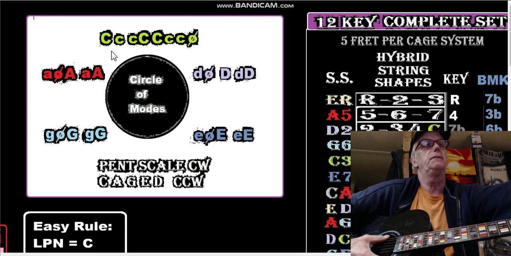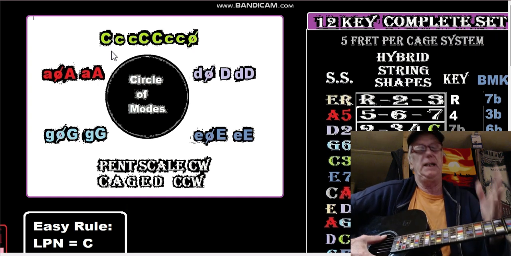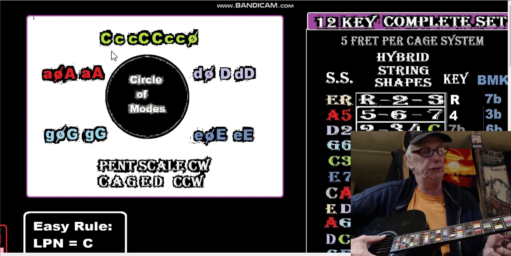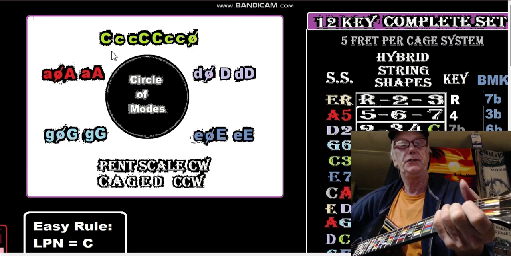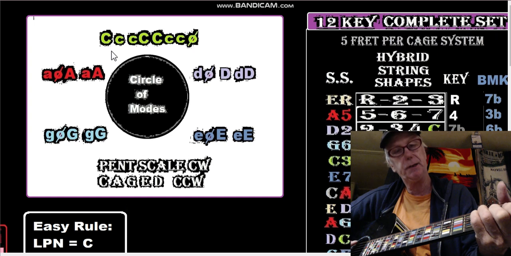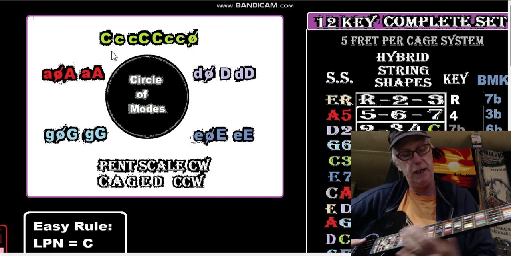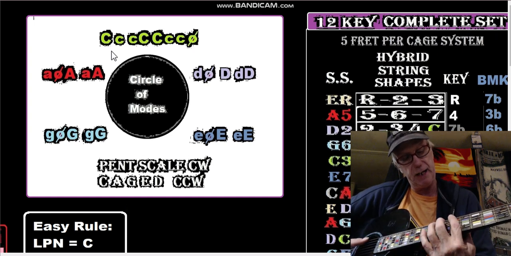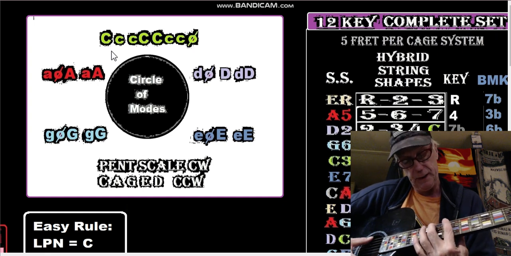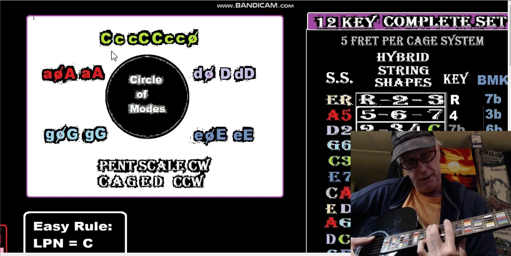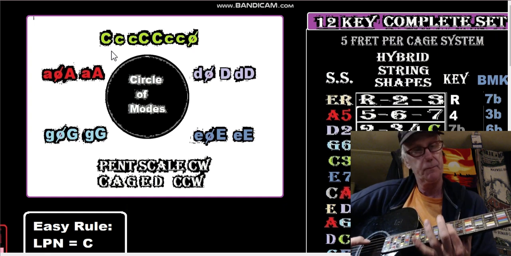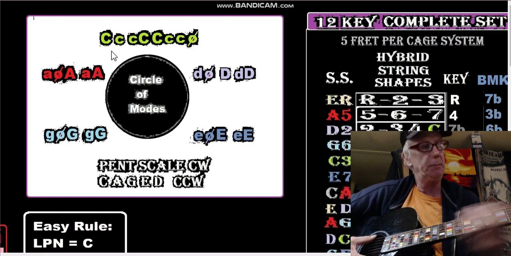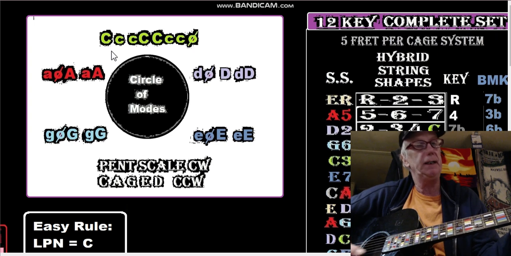So the CAGE shapes are just inversions, all right? Here's our E shape where we start here, okay? But the G shape is the one that's actually the beginning of the G shape here is root. Like that, okay? But the E shape one, we start on E shape.